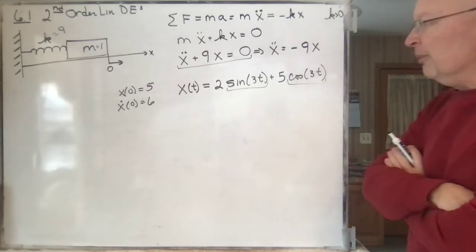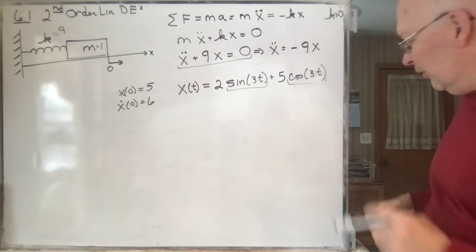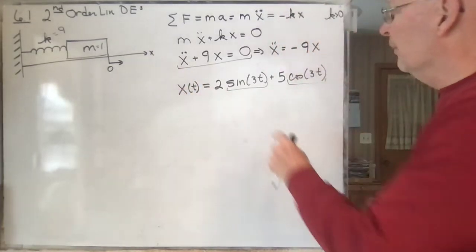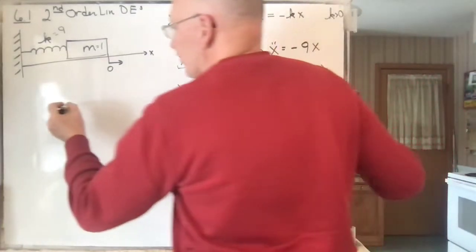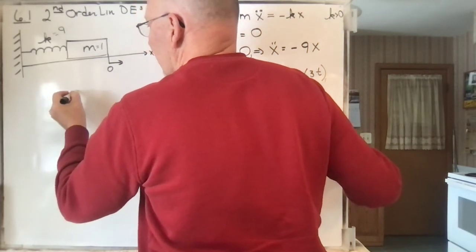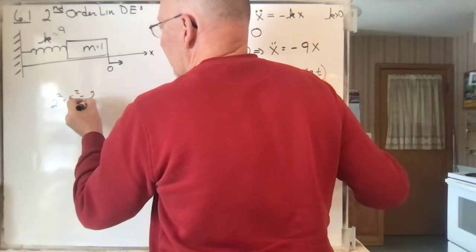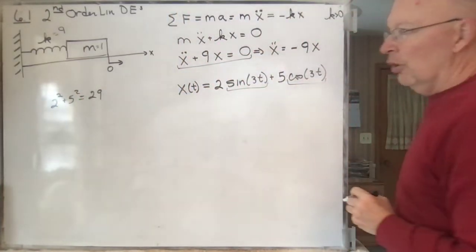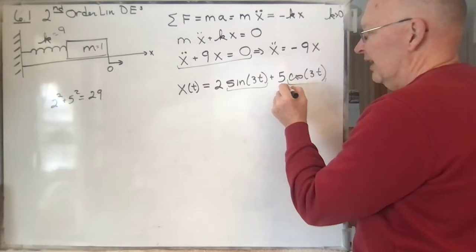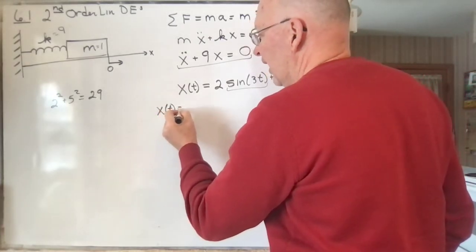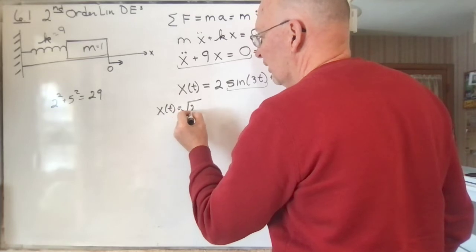Here's what we're going to do. Let me show you. It's very clever. We take these two numbers and we square them and add them together. So 2 squared plus 5 squared is equal to 29. Agreed? And so we're going to both multiply and divide by the square root of 29.